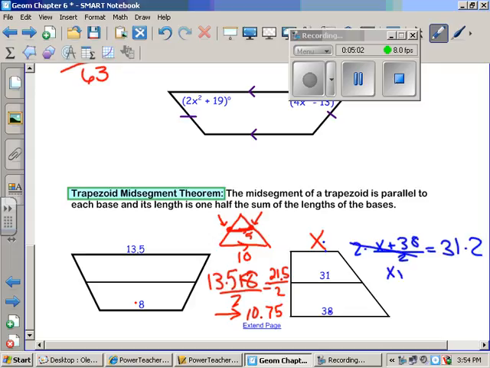So I get x plus 38 equals 62. Subtract 38 from both sides. So x would be 34. No, x would be 24, sorry. 24. All right, that's trapezoids.